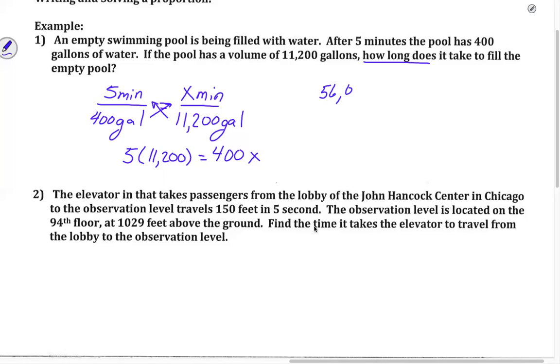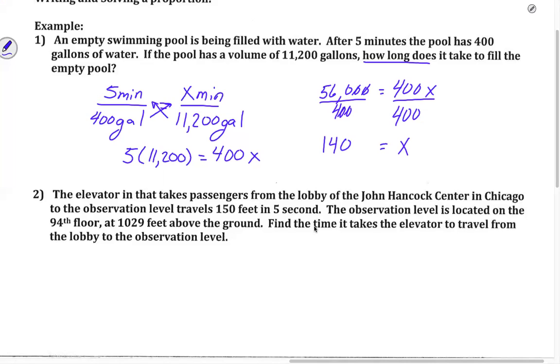Now, I multiply these out and I get 56,000 equals 400x. All right so far? Now, don't tell me the answer. Now, to get my answer, I must divide by 400. So x equals, let's see, 1, 4, 0.